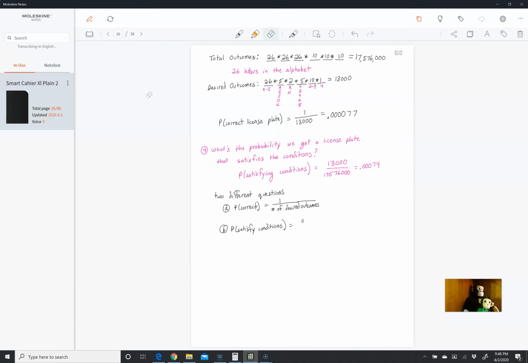And this is going to be your number of desired over the total number. And the reason why this is 1 over the number of desired is that our number of desired here is the total outcomes that we would try.